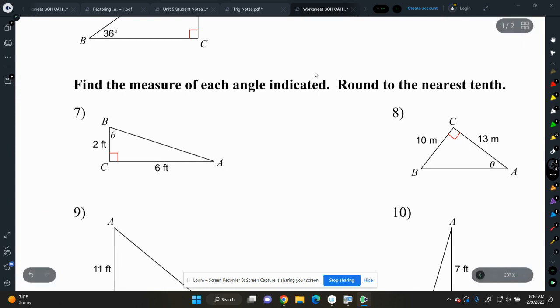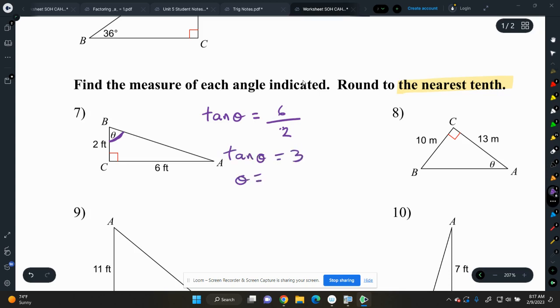Okay, find the measure of the angle, indicate it, round to the nearest tenth. Okay. So, all right. So, we're looking for theta. Which 2 sides do we have? Right. So, we're going to use tangent theta equals opposite over adjacent. I'm going to fail this quiz. Opposite over adjacent. So tangent theta equals 3.